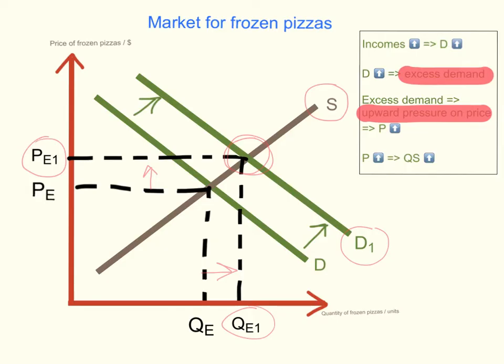At this point, the market reaches equilibrium again. So the excess demand or the shortage that existed in the market, because it's self-righting, because it's self-correcting, eliminated that shortage by slowly raising the price.